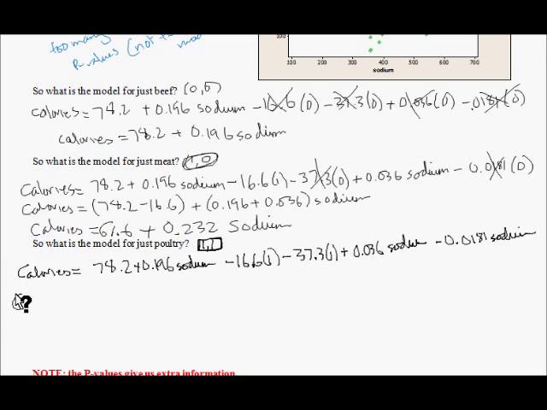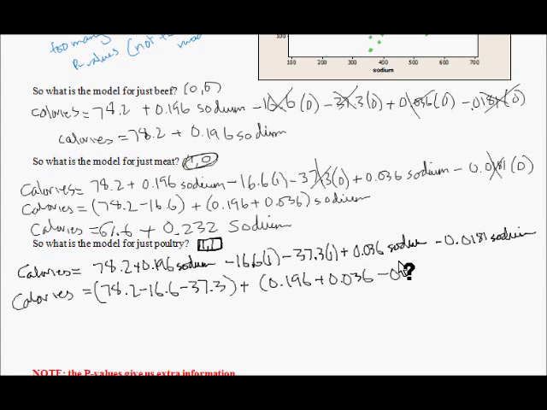So now calories is equal to 78.2 minus 16.6 minus 37.3. That's our intercept, plus 0.196 plus 0.036 minus 0.0181 times sodium.